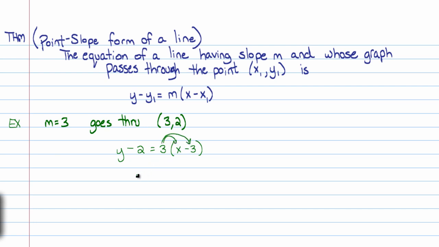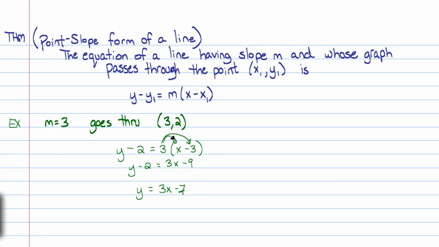You don't have to do this, but it's kind of convenient. So that's y minus 2 is equal to 3x minus 9, and then add 2 to both sides. So y is equal to 3x minus 7. That's what that line actually is. It has slope 3 and has a y-intercept of negative 7 now that I'm looking at it in this form.